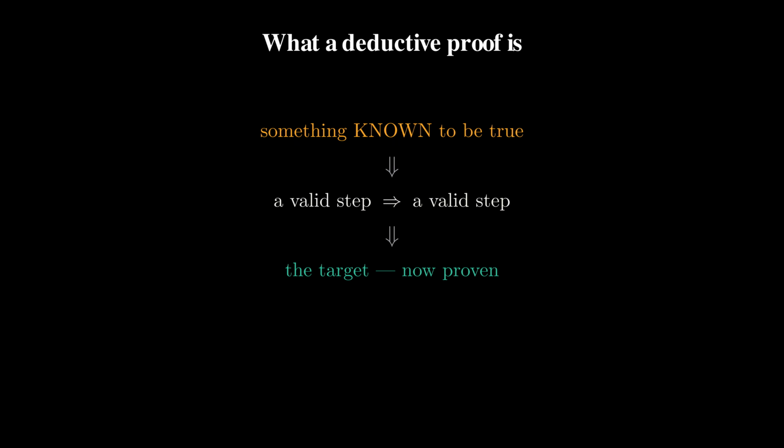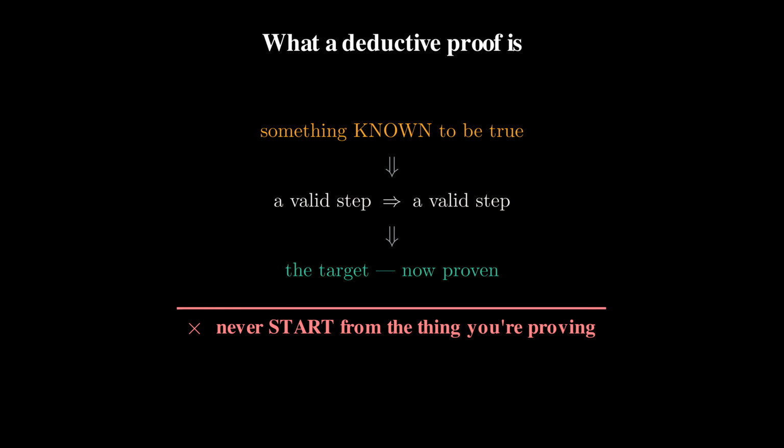And here's the golden rule that keeps a proof honest. You never start from the very thing you're trying to prove. If you assume it's true and shuffle it around, you've proved nothing. That's circular. A proof flows one way, from the known to the target.